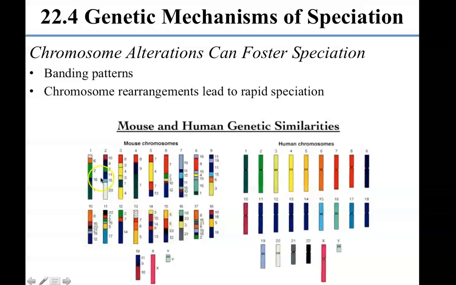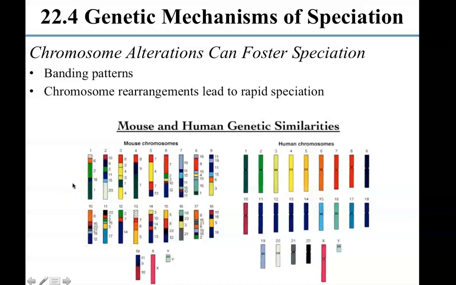But when we look at the chromosomes, we see that mouse chromosomes are a mashup of human chromosomes. So mouse chromosome number 1 has sections from human chromosome 6, human chromosome 2, human chromosome 18, and human chromosome 1.